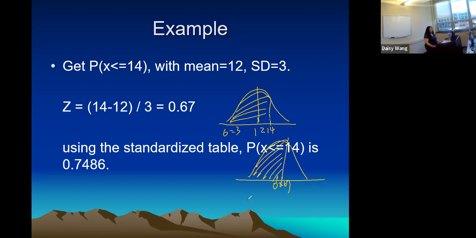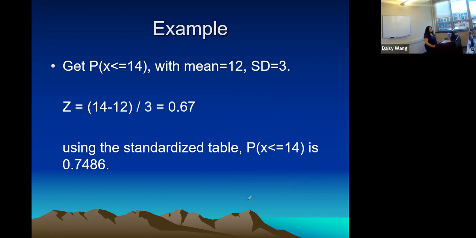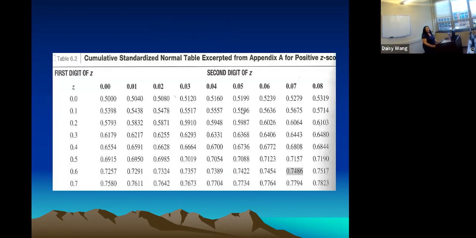This is how we look at the Z table: we look at 0.6, and then 0.67.